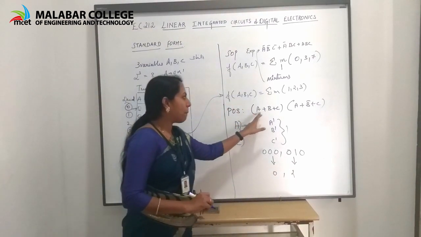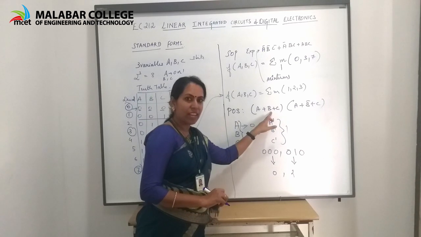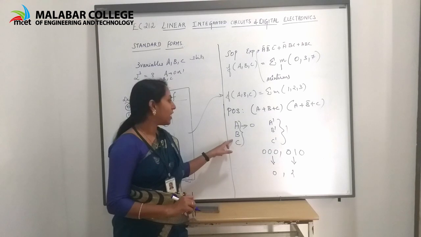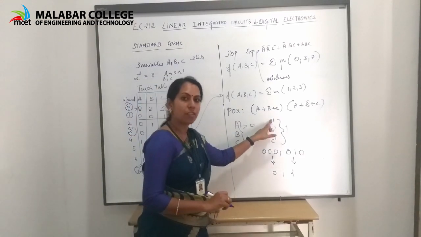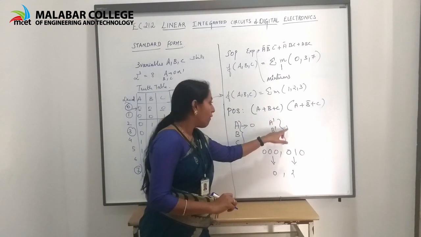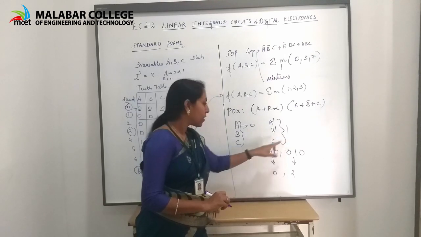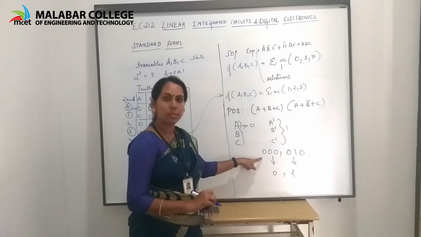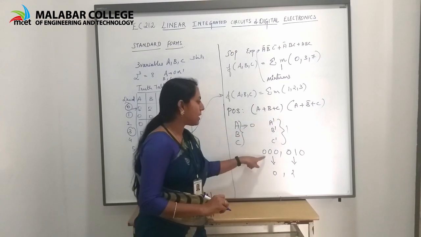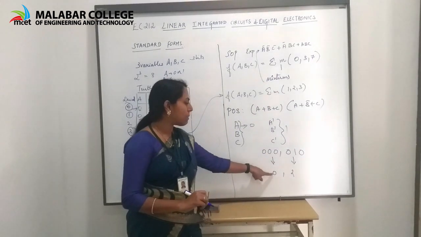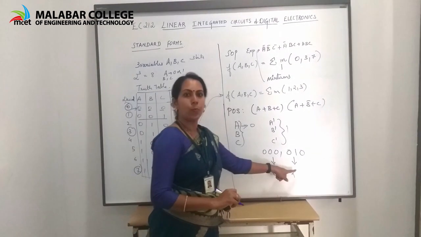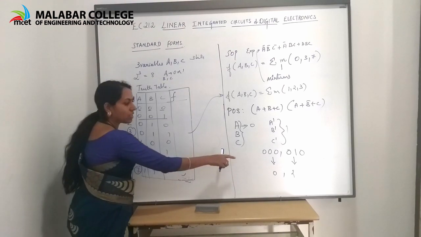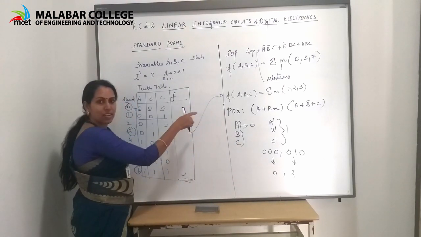Okay, so A plus B plus C, we are having 3 variables here. In a POS expression, each variable will be assigned the value 0, so the complement of the variables will get 1 as its value. Now, I am going to represent the expression in terms of its binary number. A, B, C will be 0, 0, 0 and the corresponding decimal numbers will be 0 and 2. Now, in the truth table, wherever we have 0 and 2, those are the two expressions given in the question.